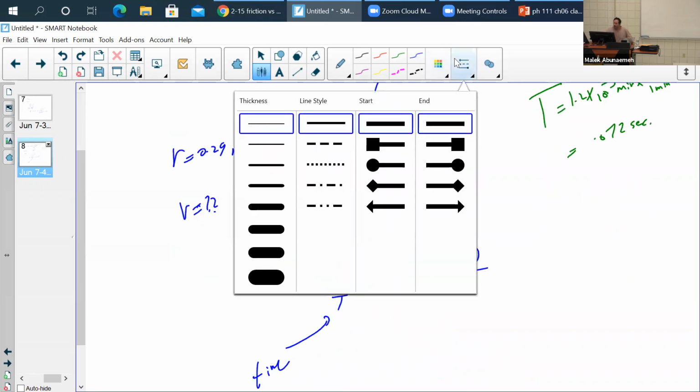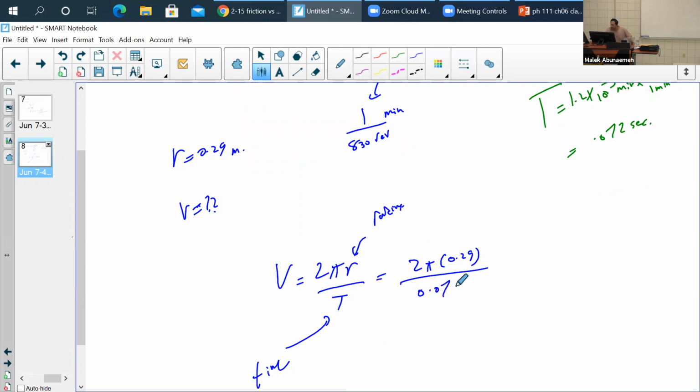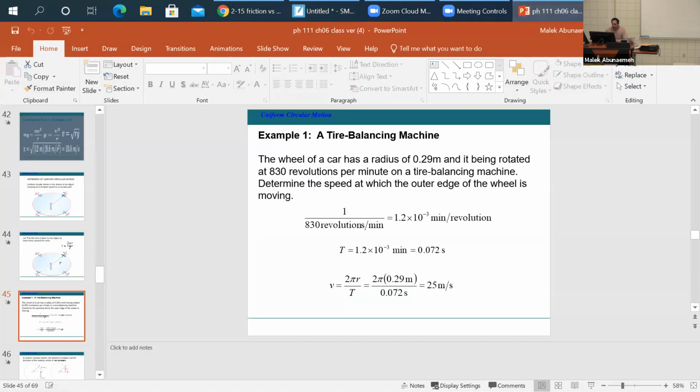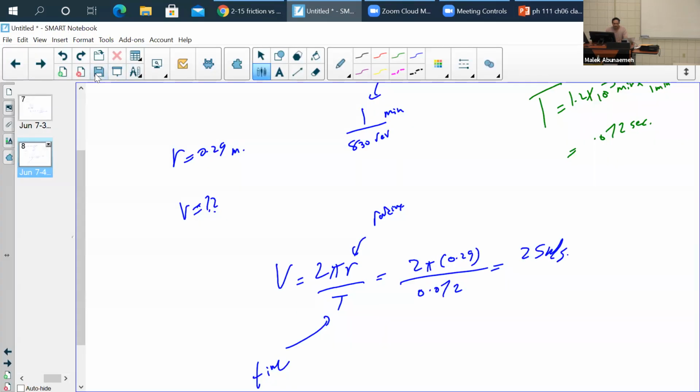So our time is 0.072 seconds, which gives us 25 meters per second. Wonderful.